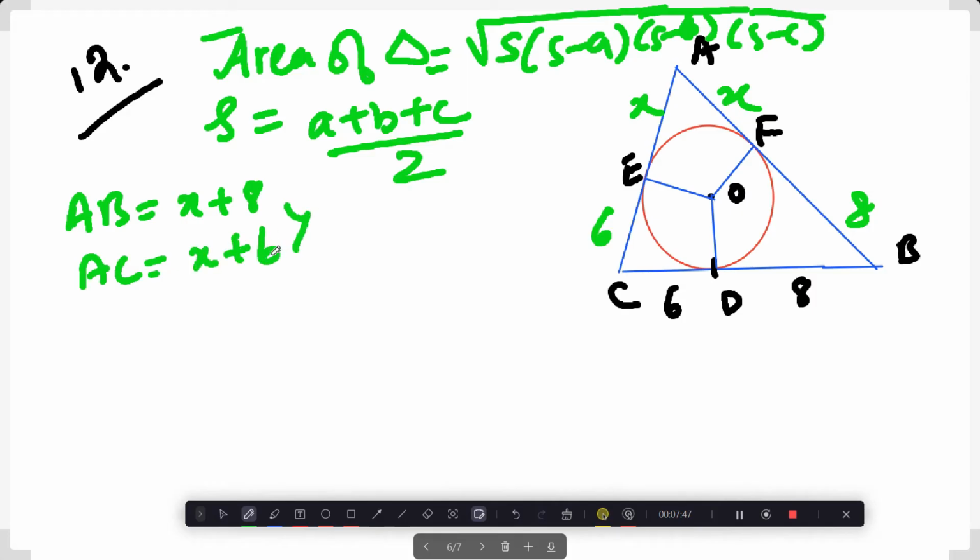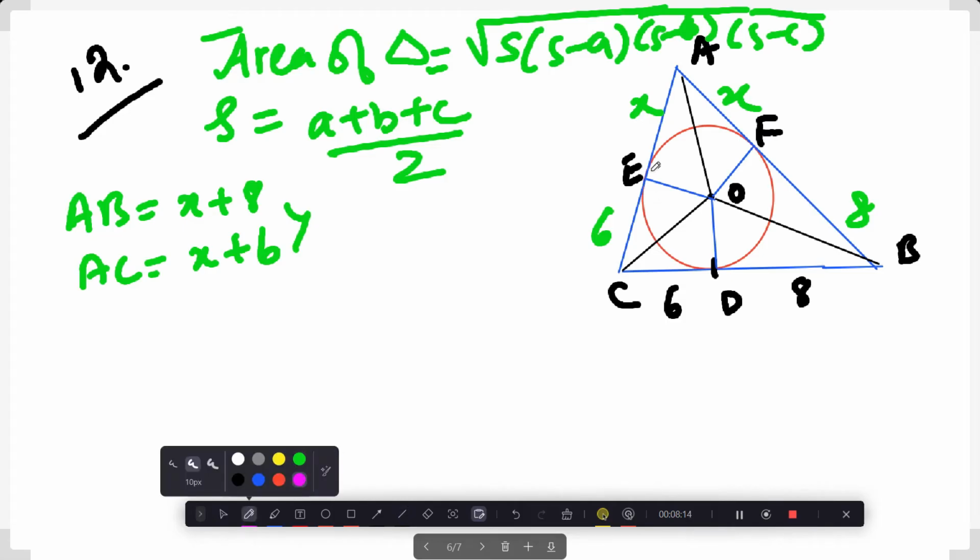We need to find these two sides. So first what we'll do is we will join the center of the circle to the vertices of the triangle. So we have these three triangles. We already know that this is perpendicular, and this is perpendicular.